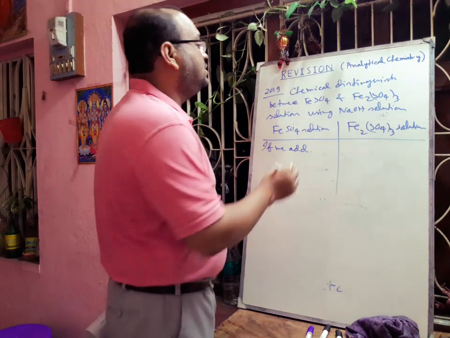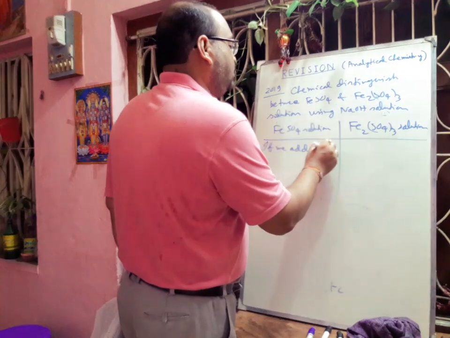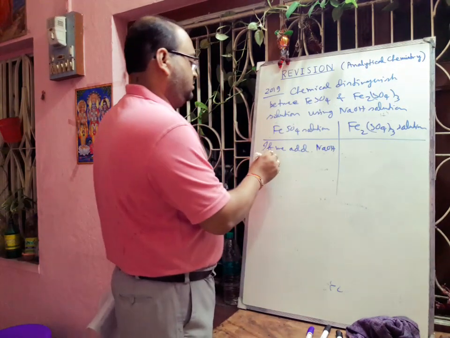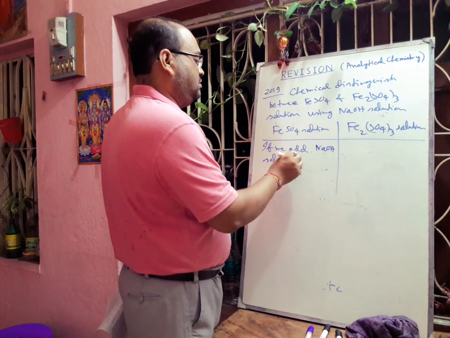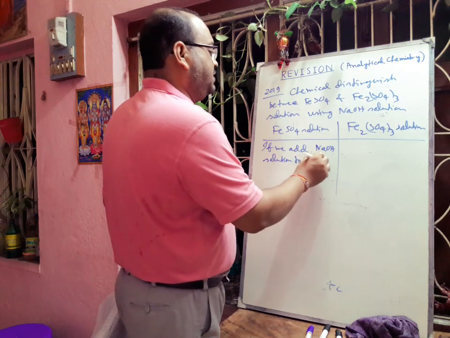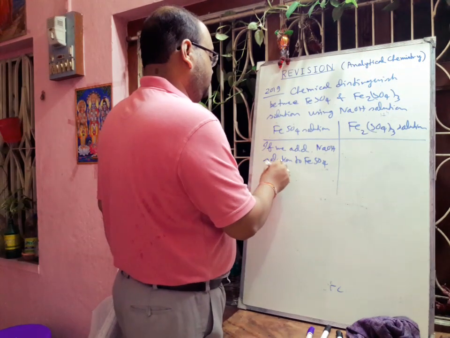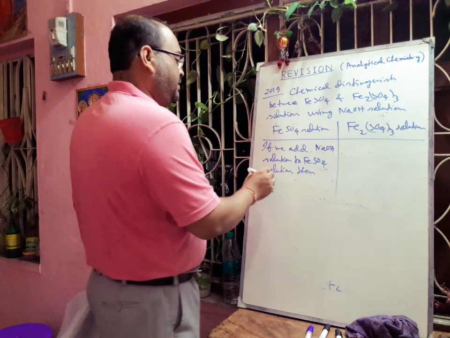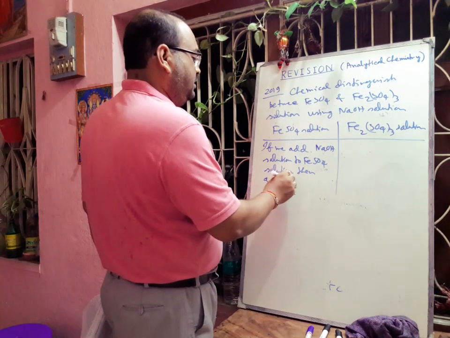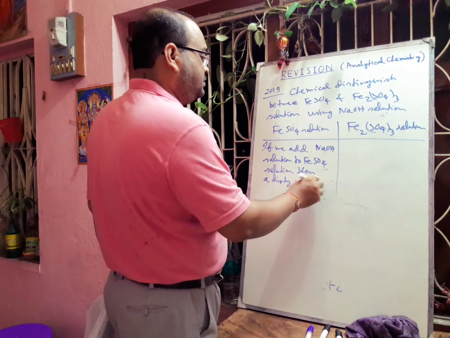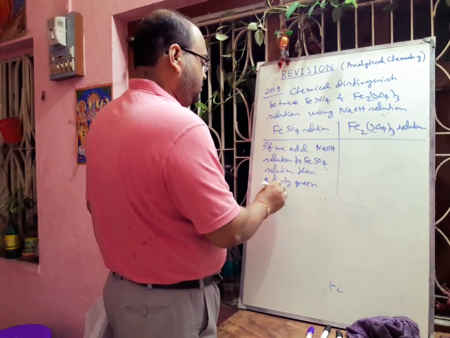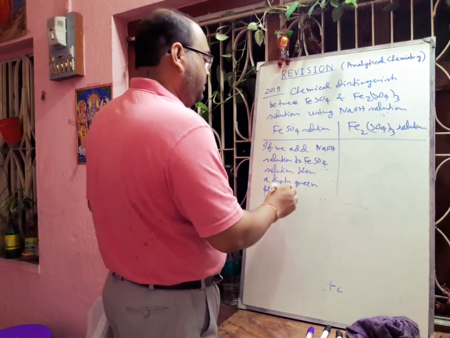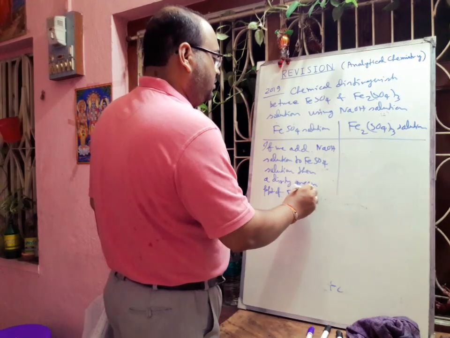If we add sodium hydroxide solution to ferrous sulfate solution, then a dirty green precipitate of ferrous hydroxide is formed.